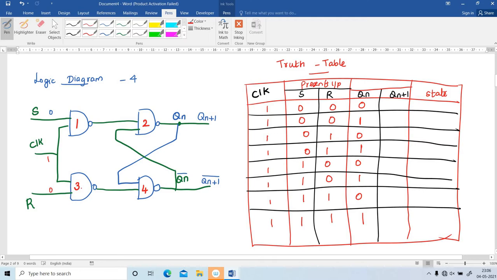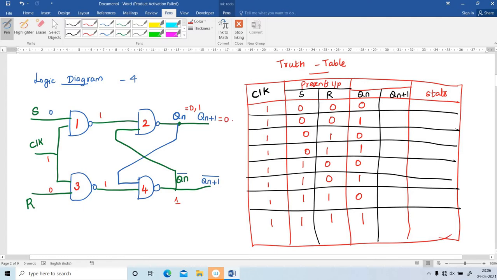What about the output of the NAND gates? 0 NAND 1 is 1. Here also 1. First assume Qn is 0, then Qn bar is 1. So 0 is connected here. We get Qn bar is 1. The same one is connected here.